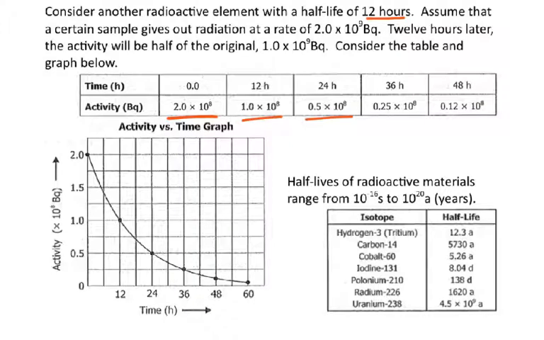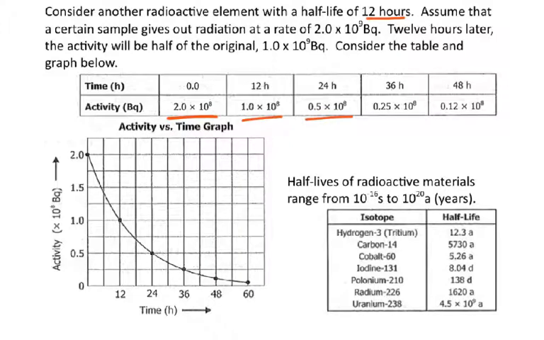And as we can see in the graph, as we plot those points out, the graph asymptotes at the bottom towards an activity of 0. It will never quite reach it because we'll always be dividing the activity in half, so there will always be some radioactive element left.